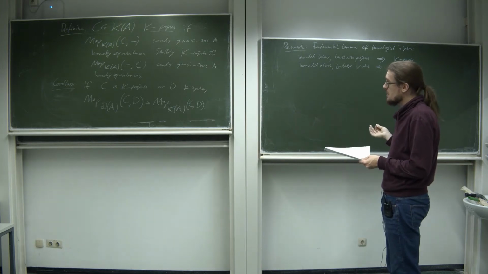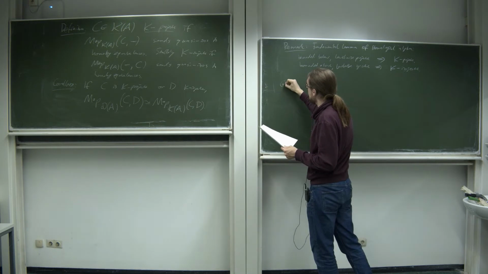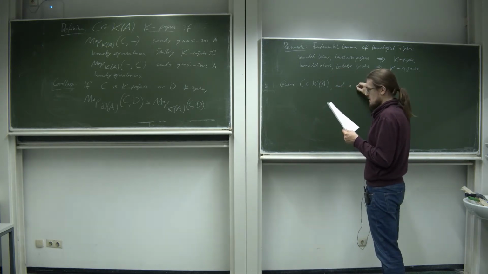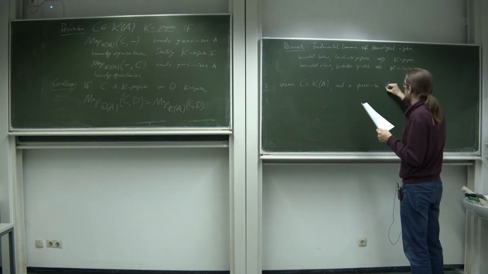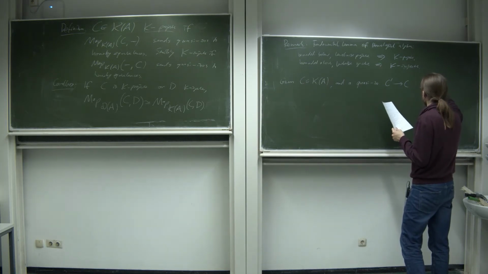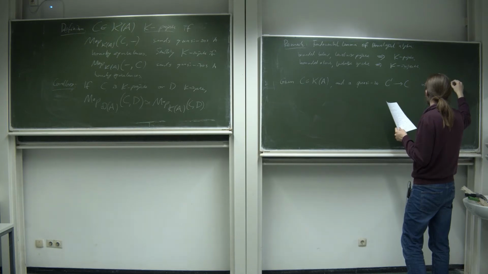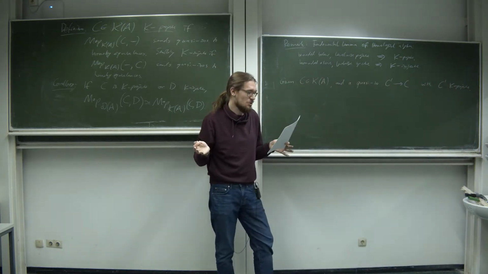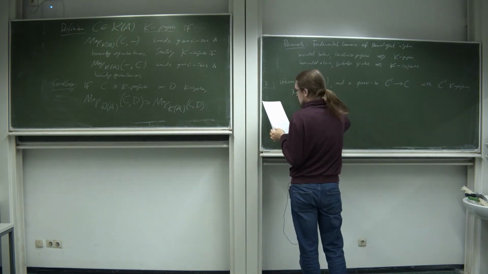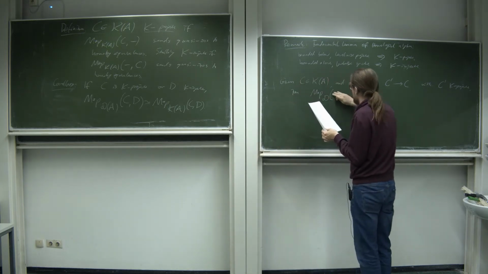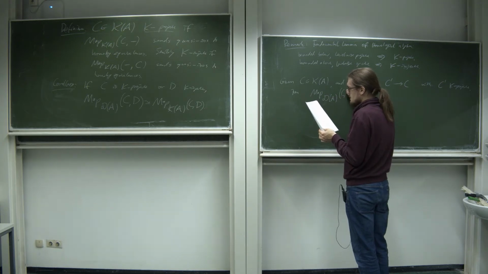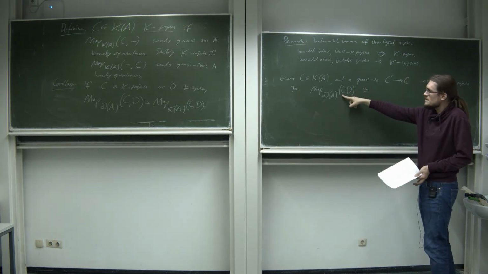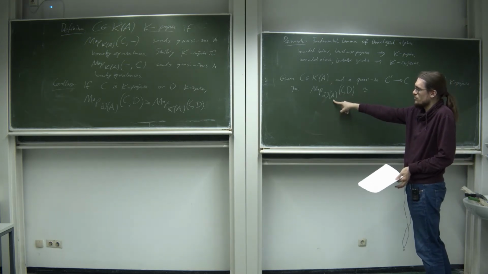So, in particular, now in this language, given C in K(A) and a quasi-isomorphism from C' to C with C' K-projective, so think of this as some kind of projective resolution, then the mapping space from C to D in D(A) can be computed by, well, first replacing the C by a C'. In D(A), quasi-isomorphisms are equivalences.